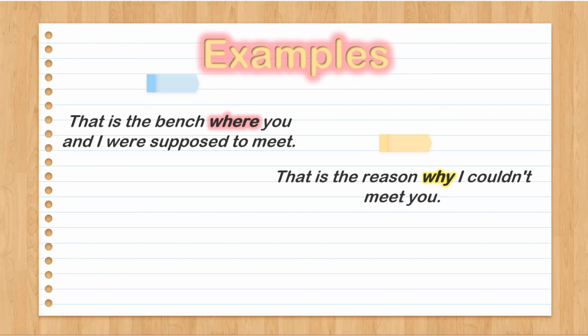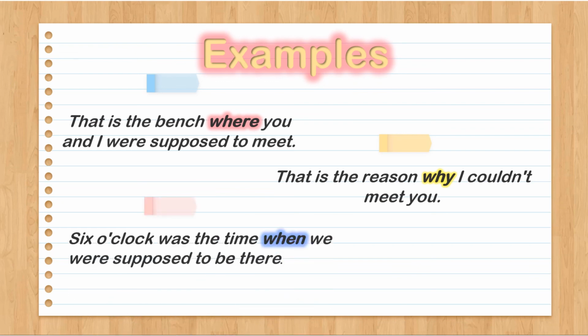That is the reason why I couldn't meet you. So that is the reason, the independent clause, and then you have the dependent one that starts with a relative adverb, why: why I couldn't meet you.